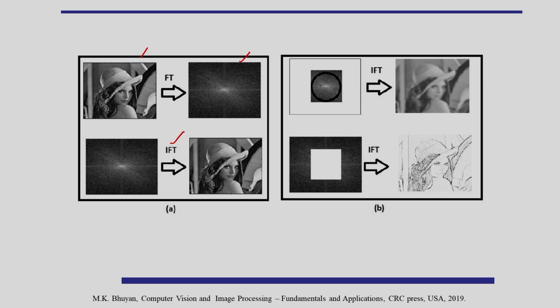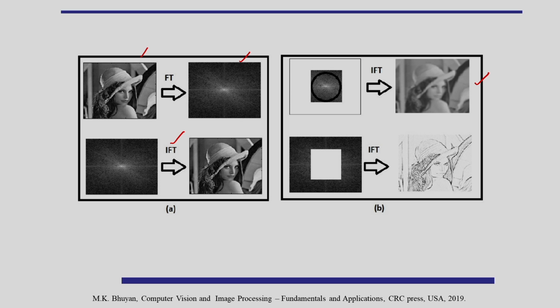And in the second figure, if you see here, I am only considering the central portion of the Fourier transformation, and I am reconstructing the image based on this central portion. Then in this case, I will be getting the blurred image, that is nothing but the low pass filtered image.